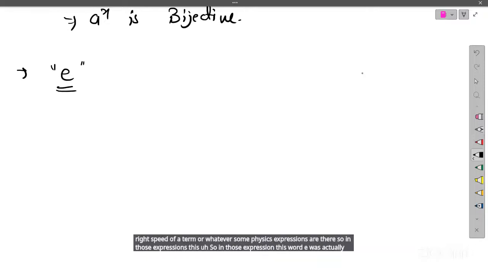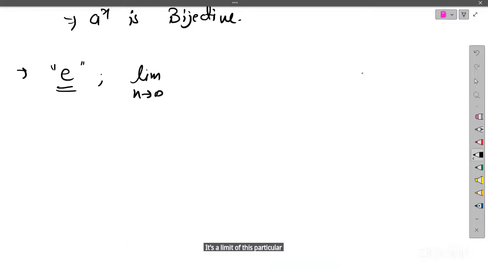So this E is a number which we can define as the limit of a sequence, but I don't think you are familiar with limits of sequences. It's the limit as n tends to infinity of 1 plus 1 by n, to the power n.